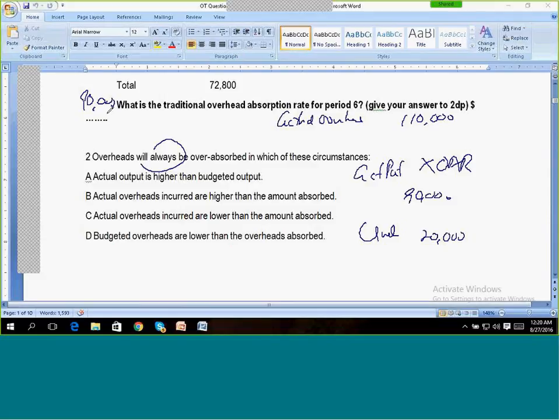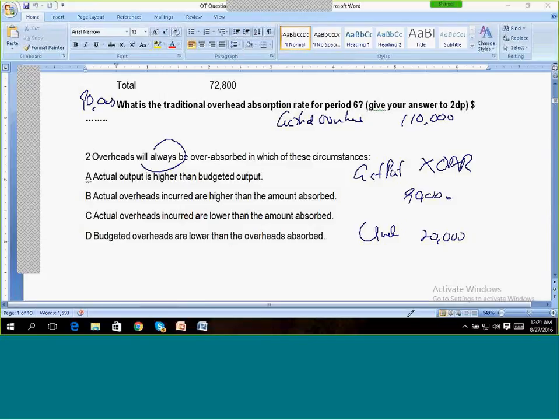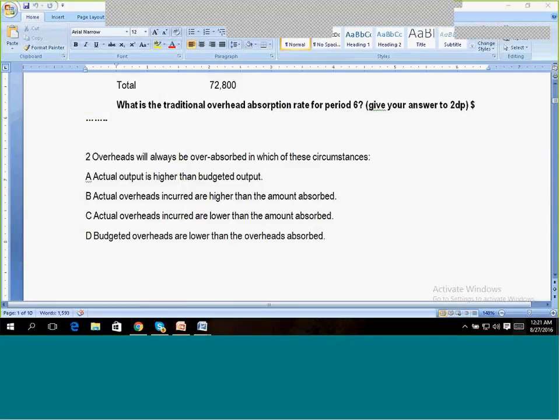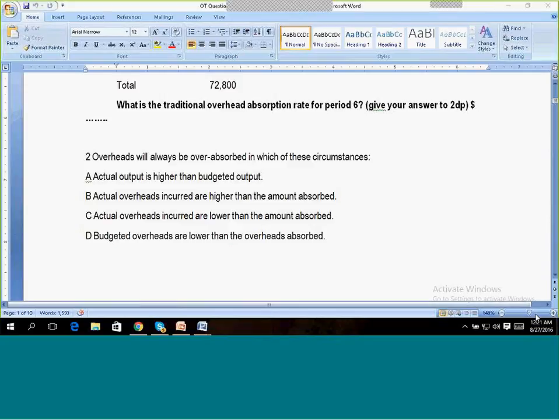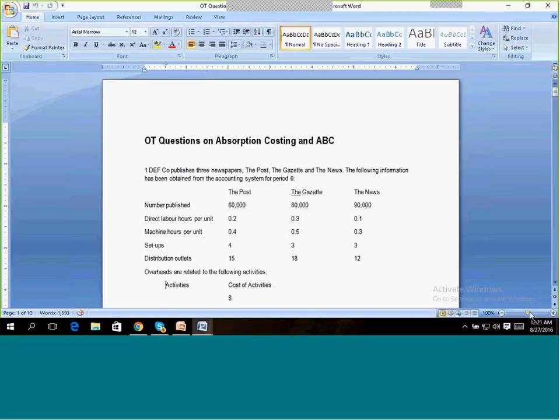A: actual output higher than the budgeted output. Now that's not... Yeah, the answer is A, B, C, D. Yeah, sorry.